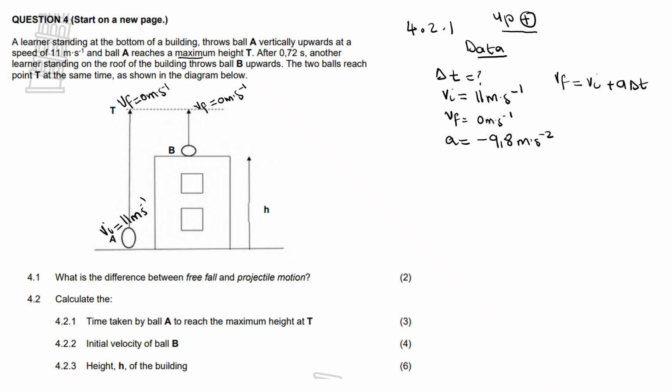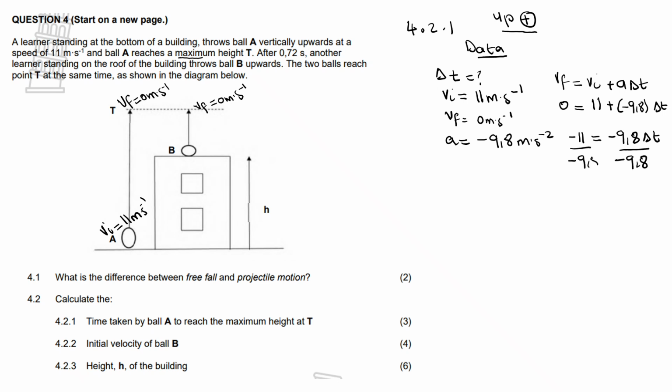Okay, so with this information, we can find the time. The final velocity we set is 0. This is equal to initial velocity, which is 11, plus acceleration of negative 9.8, multiplied by delta T. Let's solve for this. The 11 comes to this side to be negative, and this is equal to negative 9.8 delta T. Divide both sides by negative 9.8.